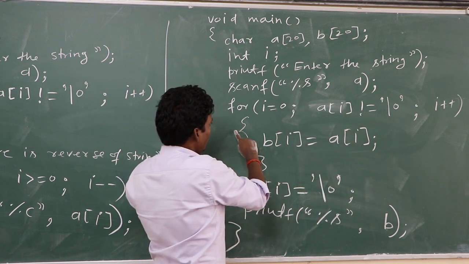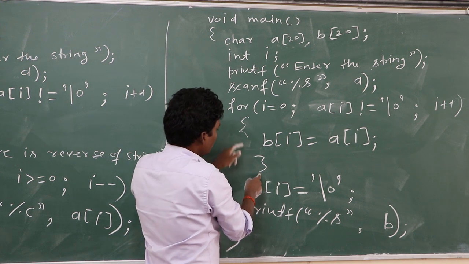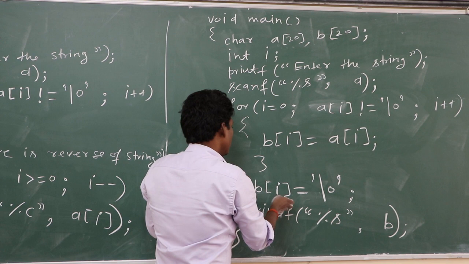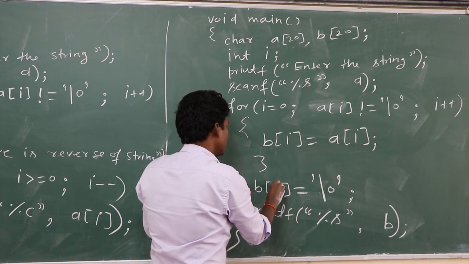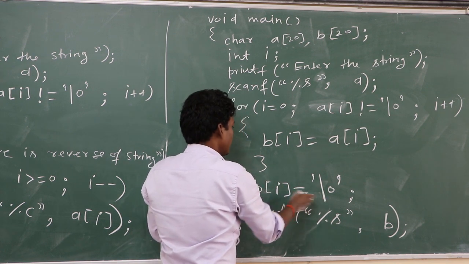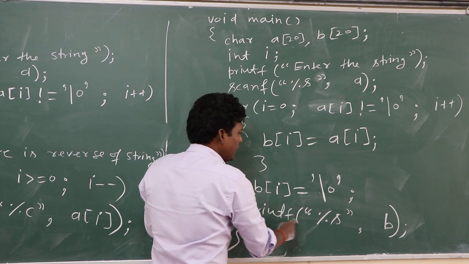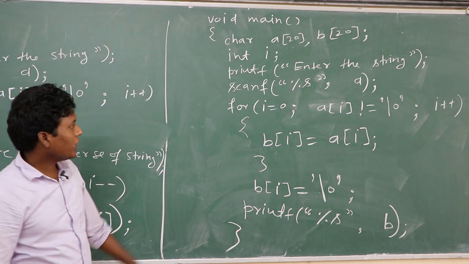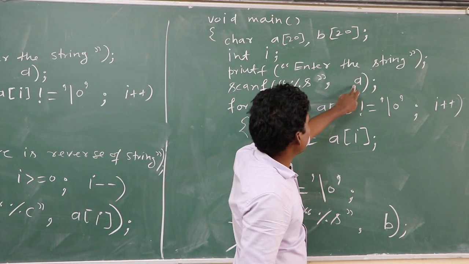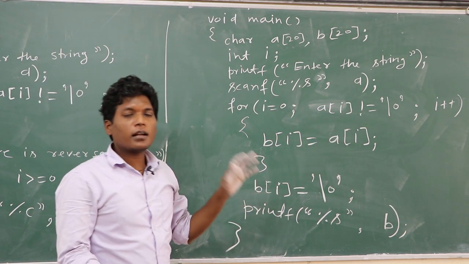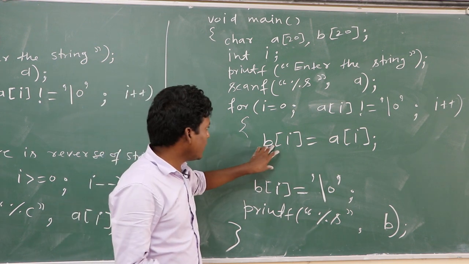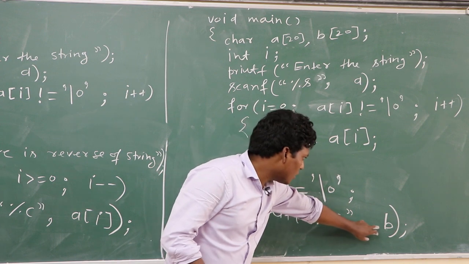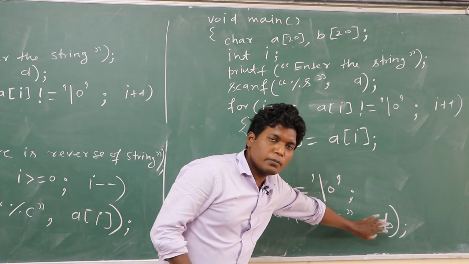Okay, when control exits from this loop, a null character is assigned to the second string to signify that the string has ended. Printf %s b, string b is printed here. You have entered the string in a, but the content of string a is assigned to b also. So b is printed here.